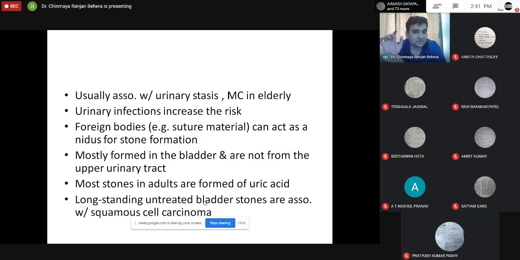Remember, ureteric stones are mainly formed in the kidney, and then they drop down, but urinary bladder stones are mostly formed in the bladder itself. And most stones in adults are formed of uric acid. And long standing untreated bladder stone can give rise to squamous cell carcinoma.